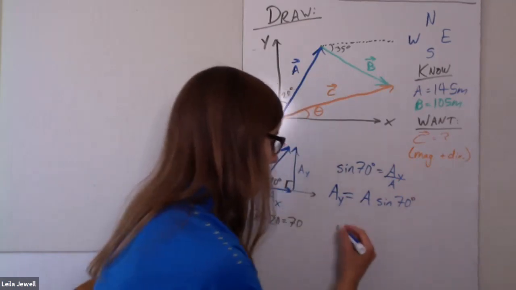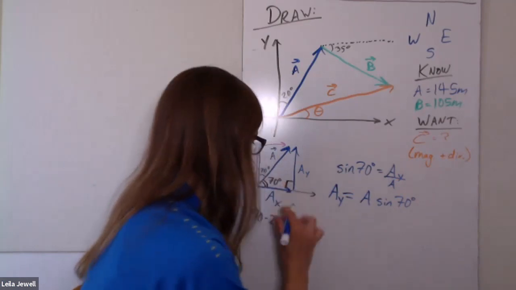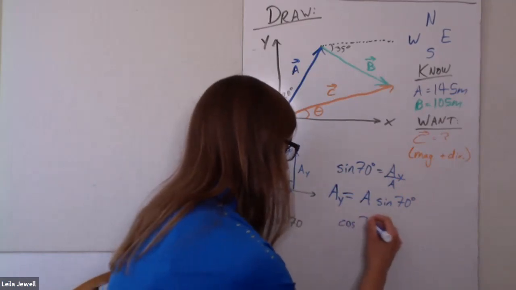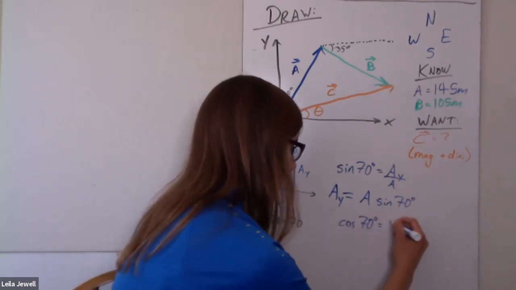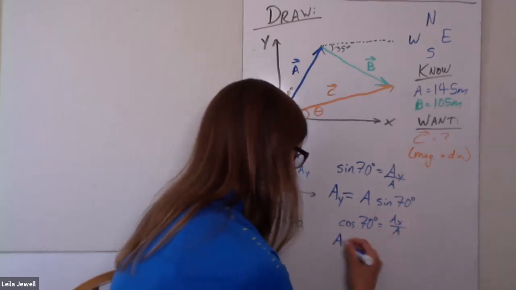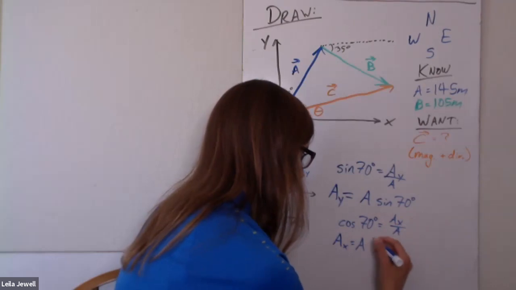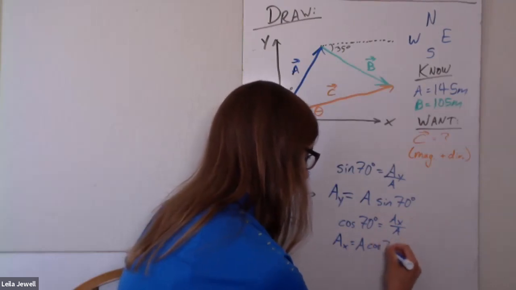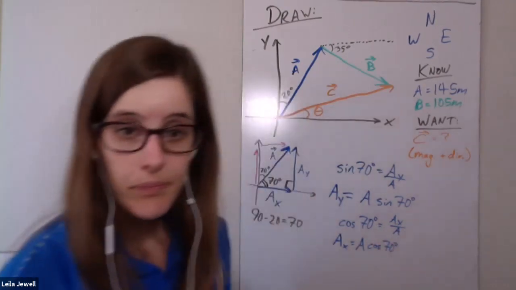Similarly, we can get the X component with cosine. Cosine of 70 degrees is equal to A sub X divided by A, or in other words, A sub X is equal to A times cosine of 70 degrees.